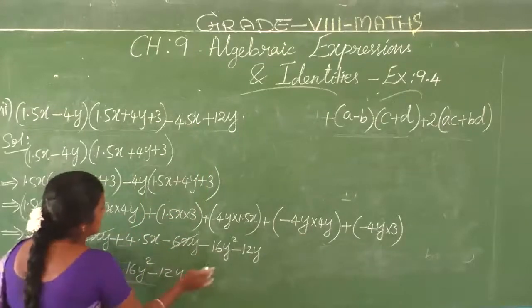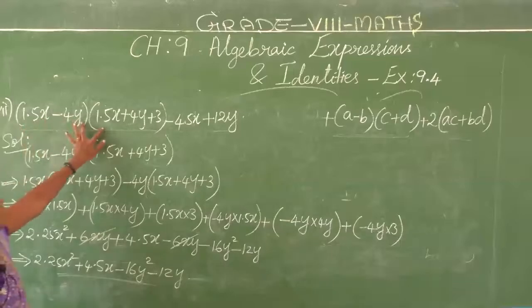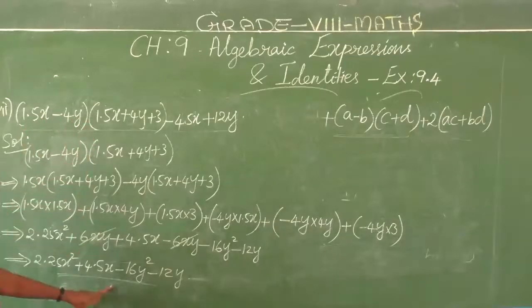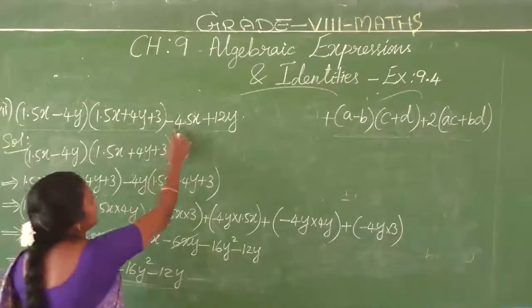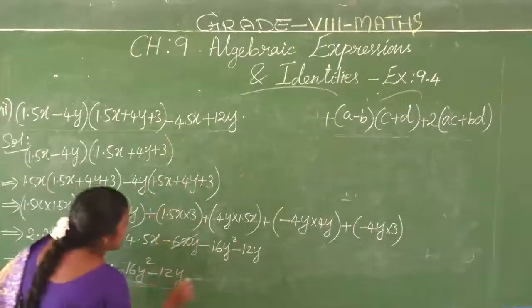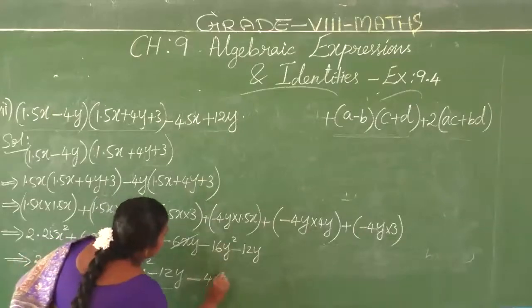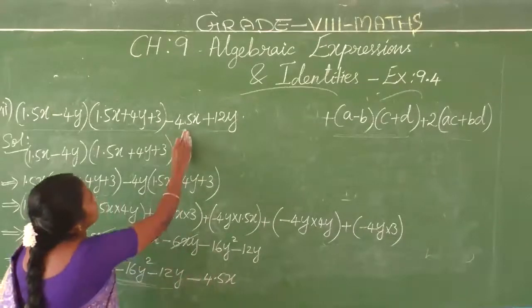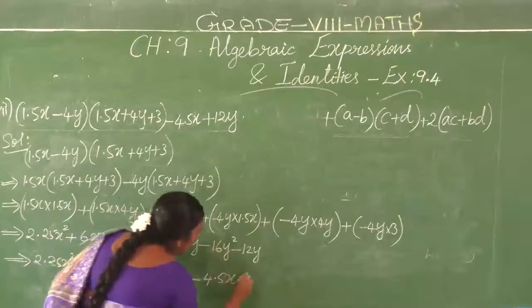So again I am telling, this two product answer is this one, up to this is coming. Now I am going to add these two terms: minus 4.5x plus 12y.